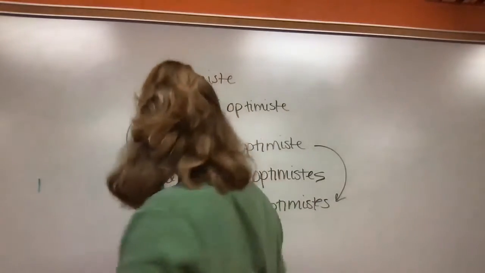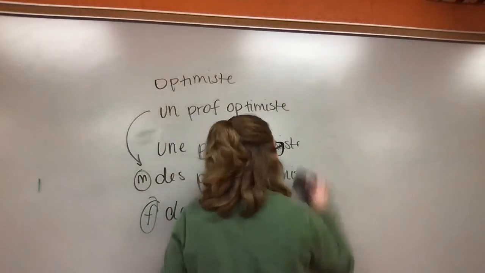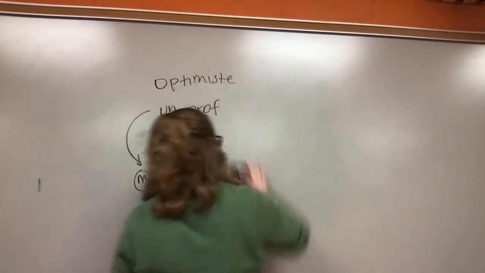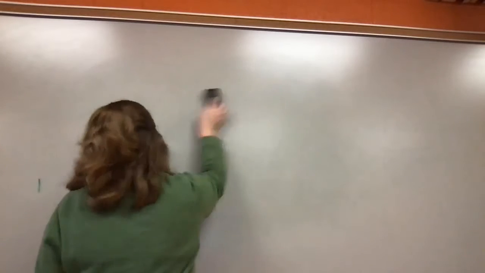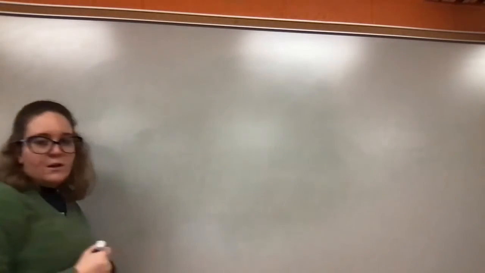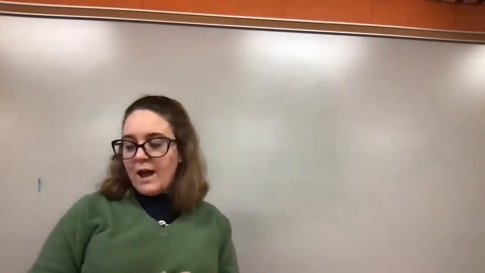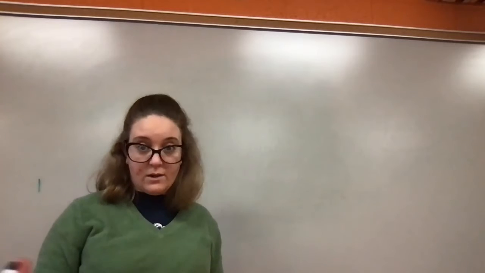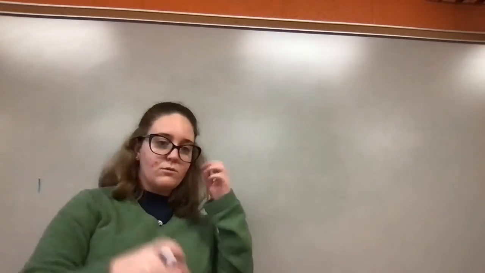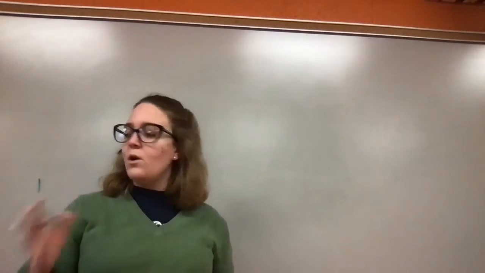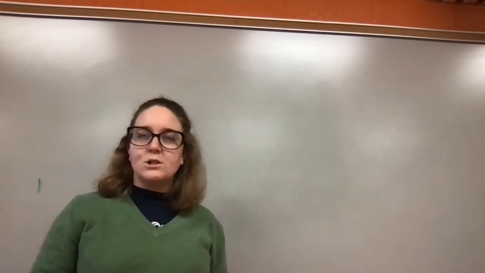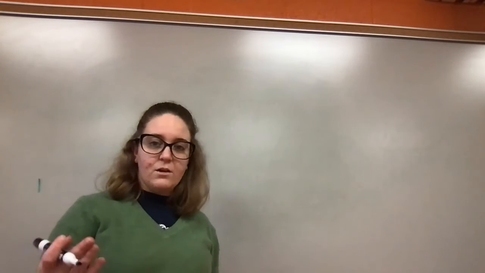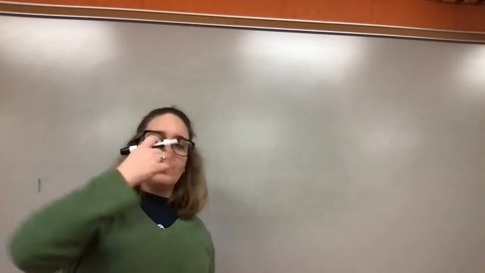All right. Some other adjectives that the book presented to you were adjectives of nationality. All right, and just like adjectives about your personality, like I am nice or fun or agreeable or pleasant or whatever it may be, adjectives about your nationality agree with the person that you're talking about.